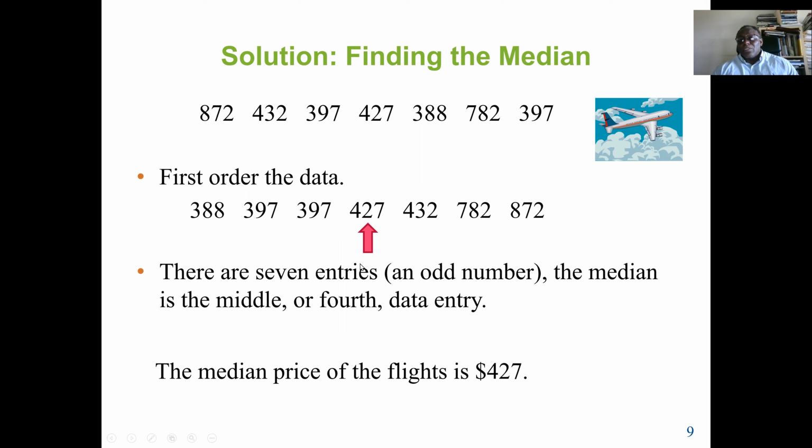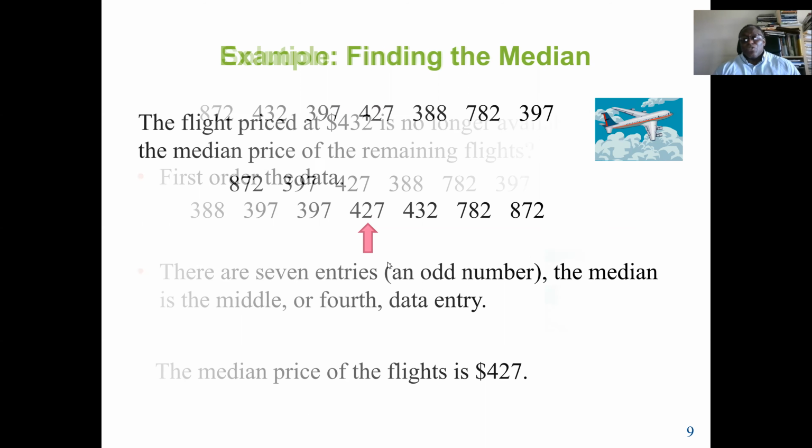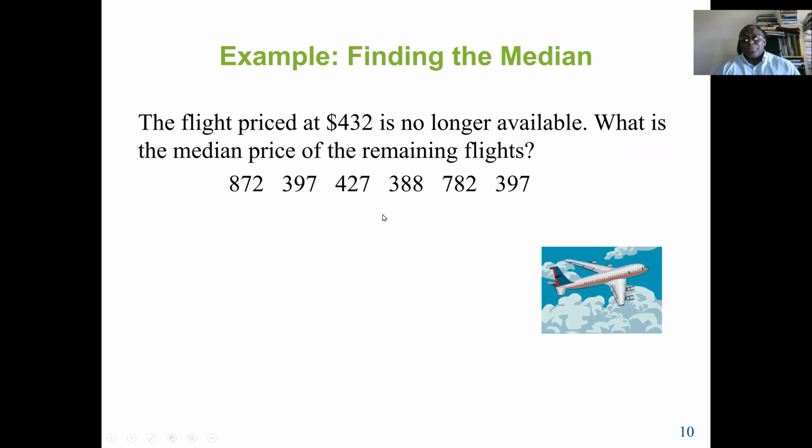Now this is if it's odd, because we see we have 3 to the left, 3 to the right, so the middle value will be 1. Now if it's 8, we see that we have 4 to the right, 4 to the left, and there's no middle value. So we have to be very careful with that. The best way to do it is to take the two middle values and find the average of them. In our next example, we have 6 flights instead of 7.